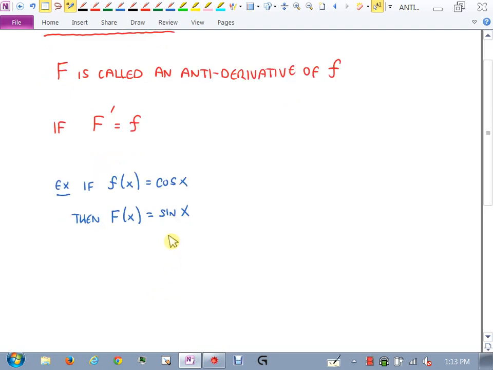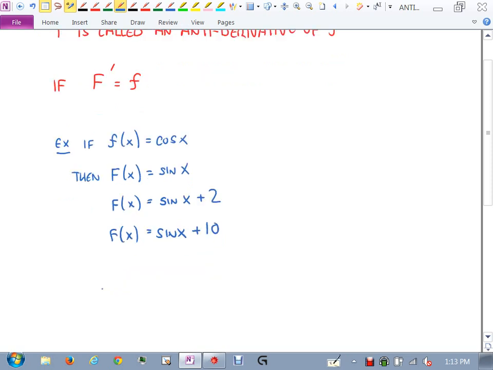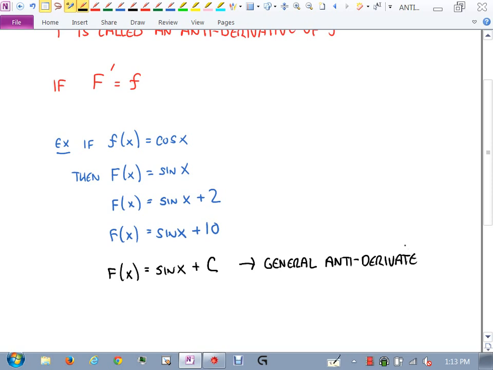So this is a specific example. Here's another example. And then the last one I'll put here, capital F of x equals sine x plus capital C, which is any constant, is called the general antiderivative.